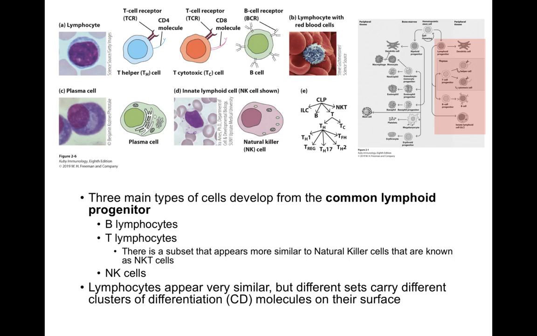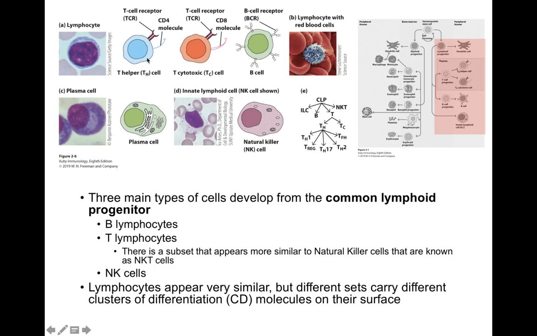If we go over to the lymphoid progenitor side of the hematopoietic stem cell chart, we have lymphocytes, which are T cells or B cells. If we look at the T cells, we can divide them into two main groups.